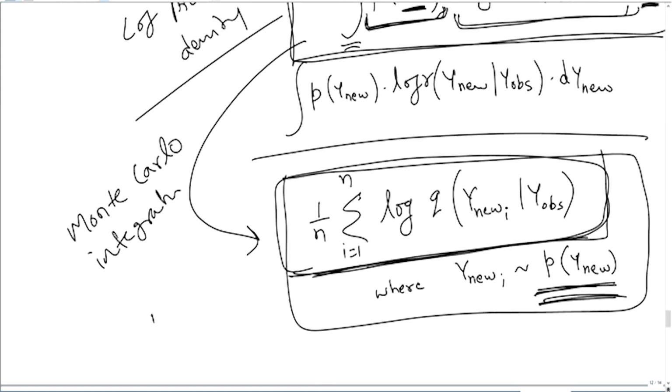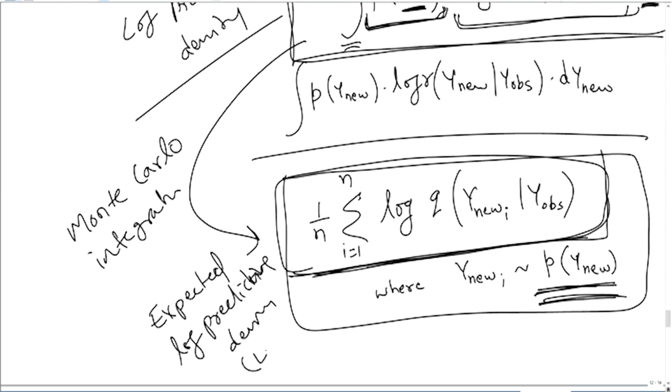This is actually called expected log predictive density, ELPD. Why expected?